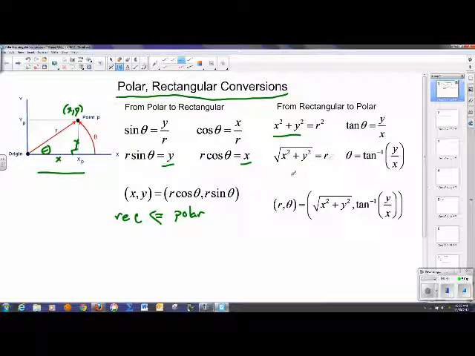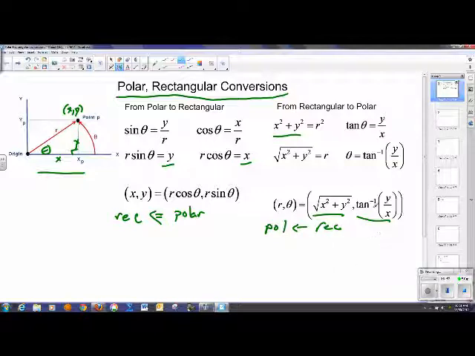So r is equal to the square root of x squared plus y squared. That's just a Pythagorean relationship. And then we know we have a relationship between theta and the x and y values. The y over x is equal to the tangent ratio. Take the arctan, and that gives us our angle theta. So this gets us from rectangular to polar.